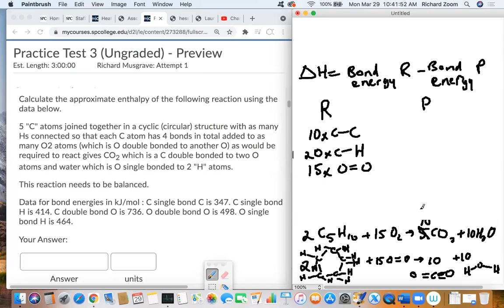And on the product side, we'll have 20 by C double bond O and 20 by OH. And we've got the values of those down here. We add them all together, apply the equation, and that gives us our final result. All right, questions?